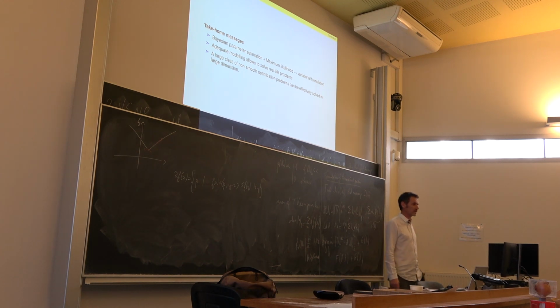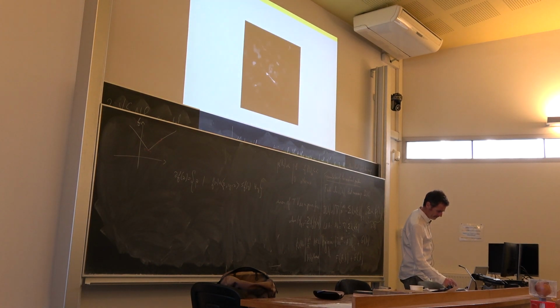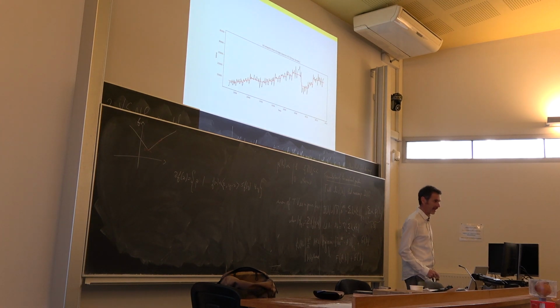Yes? I have a question. On the graph you showed us, I think it was US imports. You showed that if you do the non-smooth version, you get a piecewise constant function with discontinuities. At the end, you said we take a smooth version of the absolute value to remove those discontinuities. Can it also be applied to this? Yes.